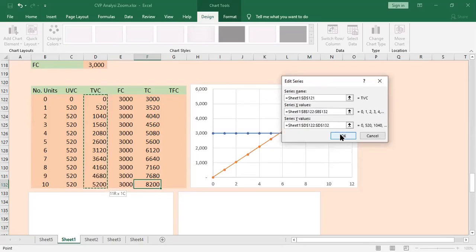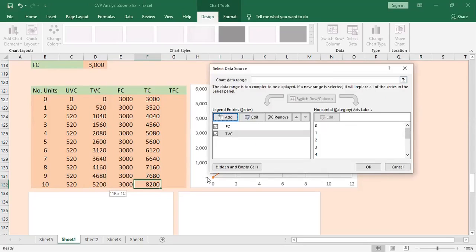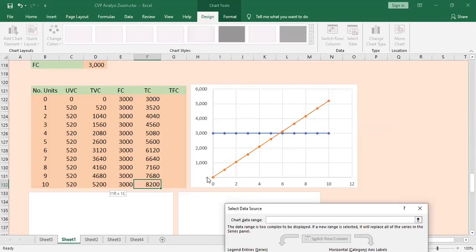Now you can see total variable cost starts from 0, because when you are not producing anything, your variable cost would be equal to 0. And there is a positive relationship between number of units and the cost, so you have this type of curve.